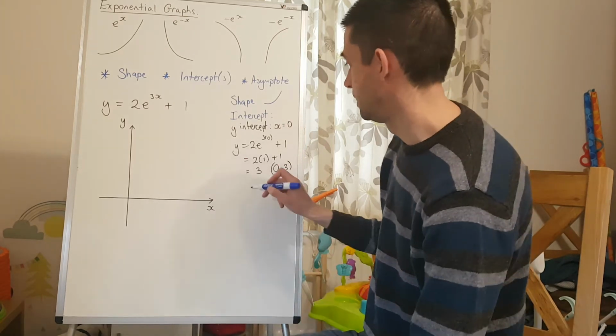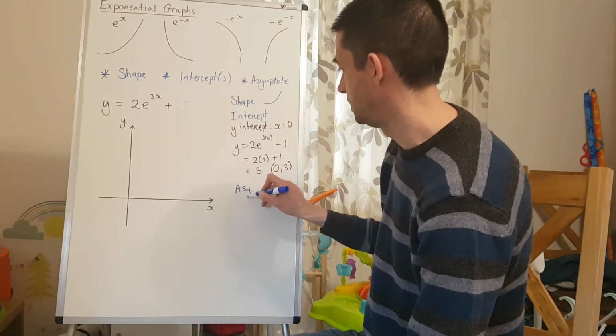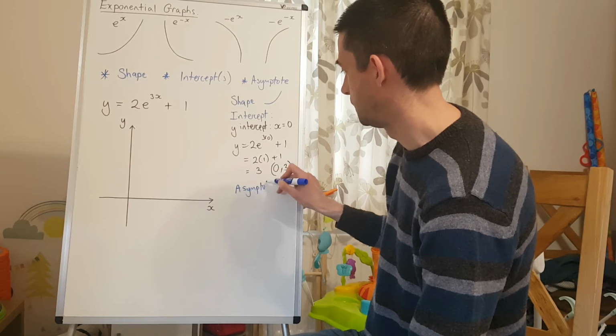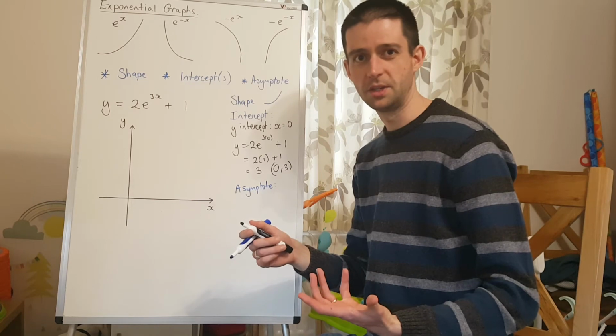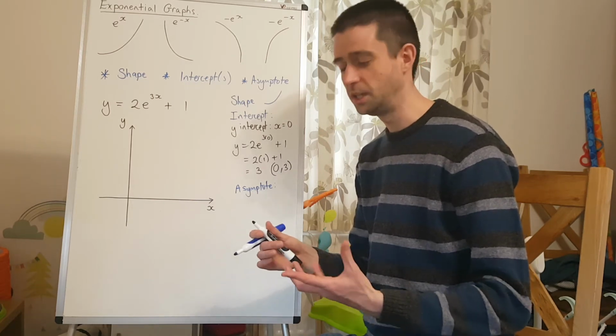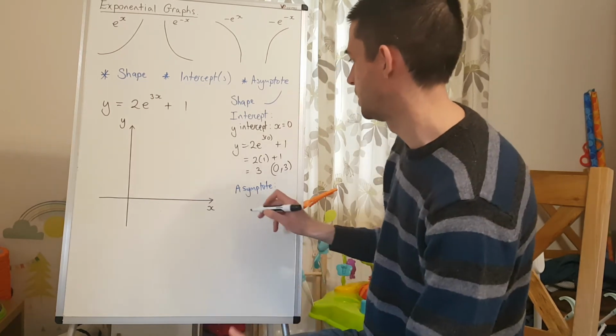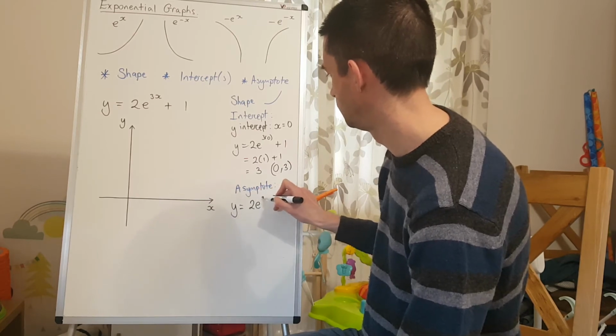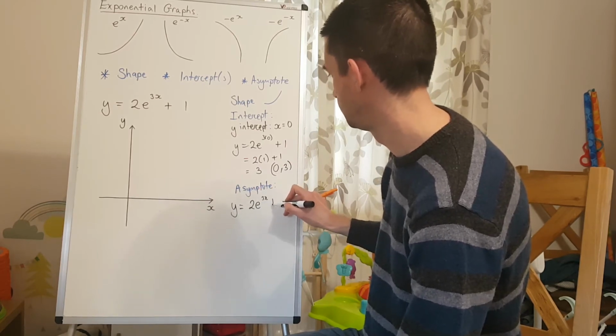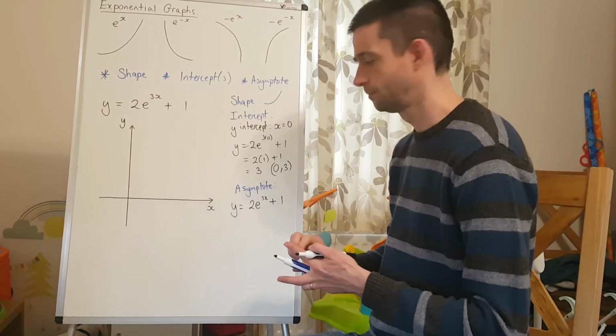And the last thing that I need to think about with this one is the equation of the asymptote. Now, the way that I like to think about this is, we remember from the previous part of this lesson that e to the x cannot equal 0. So we think, okay, well, what if the e bit did equal 0?